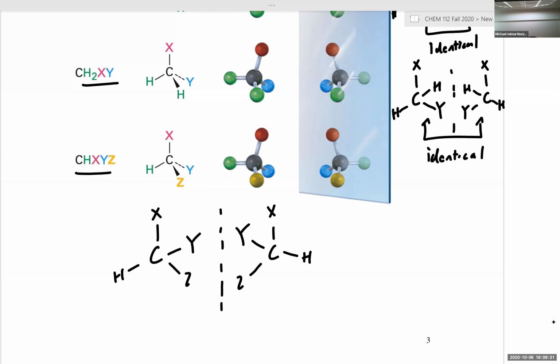We see in the chat that they're non-superimposable mirror images, and so the chat concludes that these compounds are enantiomers. Exactly right. These two mirror images are non-superimposable, and these two structures represent two unique enantiomers.